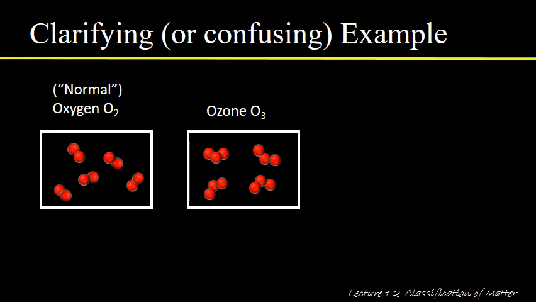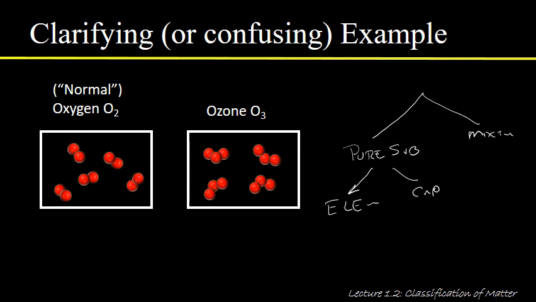So a lot of the textbooks have something in them where it has a little kind of decision tree and says that all substances can be classified as pure substances or mixtures, and then pure substances can be elements or compounds, right? And that's mostly true, but there can be some exceptions to that.